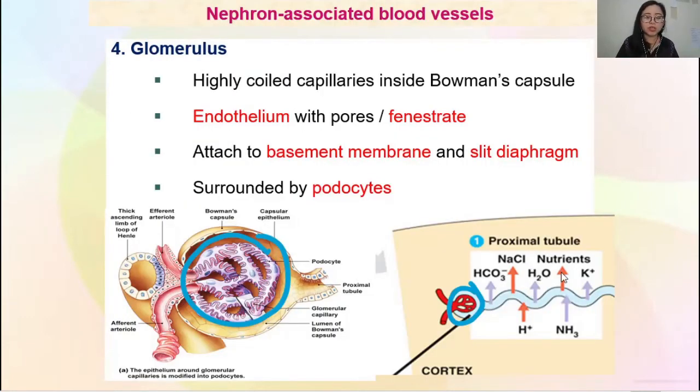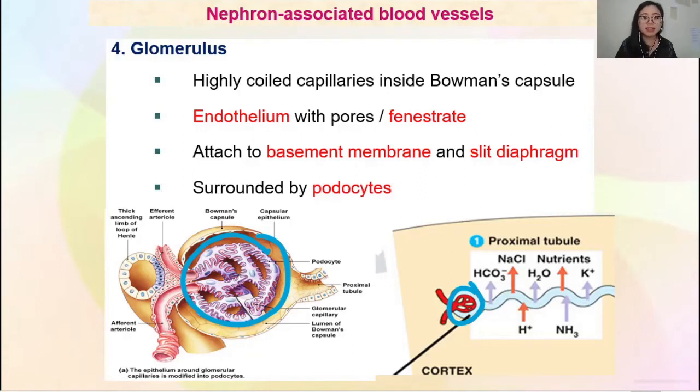Okay, one more thing we forgot to mention just now is the glomerulus. Glomerulus is the highly coiled capillaries inside the Bowman's capsule. It is endothelium cells with pores, or it is called fenestra. Fenestrate. And they will attach to the basement membrane and slit diaphragm.